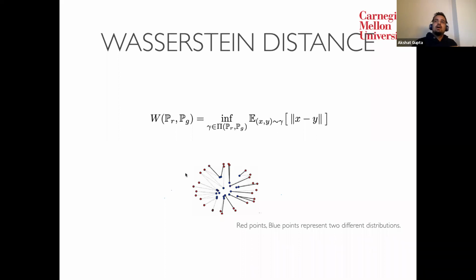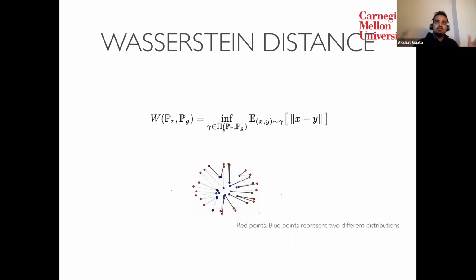So now there is a completely different option, which is called a transport plan. This gamma represents one of the ways of doing that transformation. And in this new way of doing the transformation, if we calculate this x minus y and take the expectation over it, that's another option that we could call the Wasserstein distance. The infimum here means that we take the minimum of all these options.